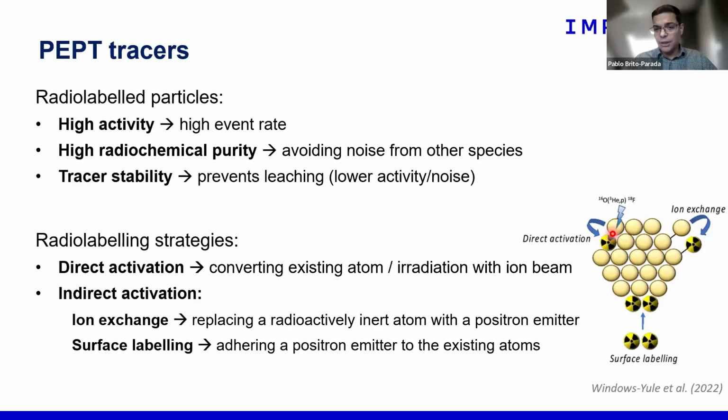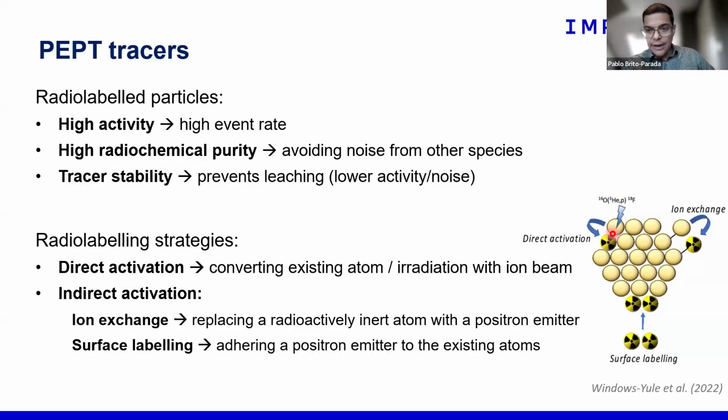We do this by irradiating it with an ion beam. There is a cyclotron, for example, at Birmingham or at iThemba, and that is used to do direct activation of a tracer. We have done that for chalcopyrite particles, for example, and then we can use the exact mineral to act as a tracer.